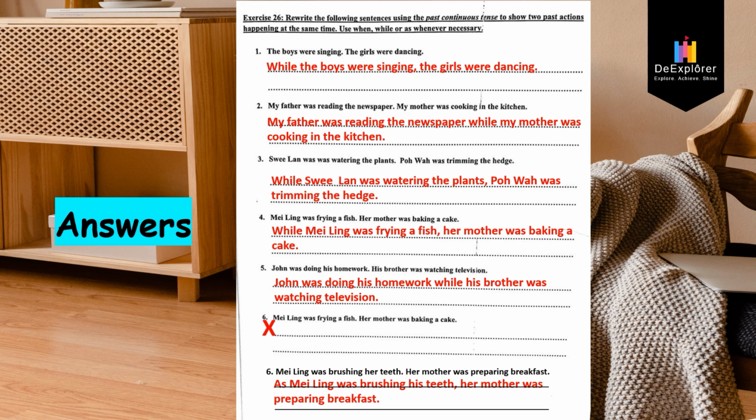Number 4, okay, you find that I use the word while all the time. So if you want to use the word as, okay, no problem. As Mei Ling was frying a fish, her mother was baking a cake. Okay, so try number 5. Look at number 5, the answer. And the last one. Okay, so remember the last question, I have already changed to Mei Ling was brushing her teeth. Okay, so please check. Make sure you have got it right.